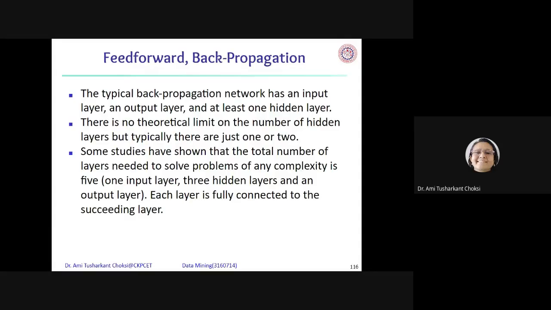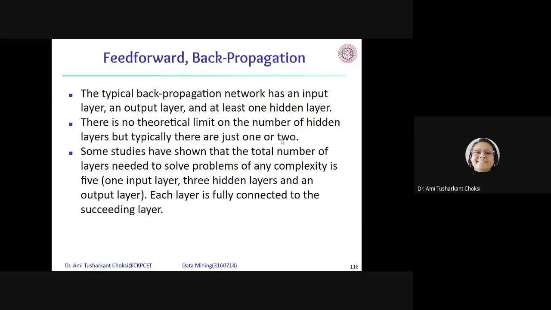And when we study many complex problems also, typically a maximum of two hidden layers is used for a back propagation network, right? Some studies have shown that the total number of layers needed to solve problems of any complexity is 5. 5 means one input layer, 3 hidden layers, and an output layer, right?